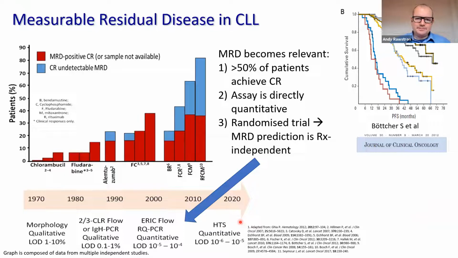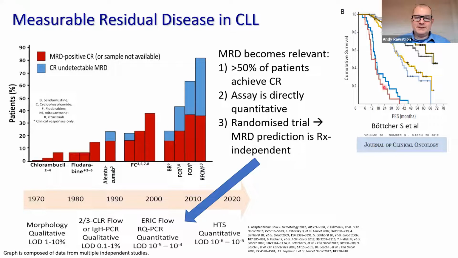For CLL, this was the key trial that showed people that MRD was worth looking at. It was the German CLL study group trial looking at chemo versus chemoimmunotherapy, so FC versus FCR. The patients who achieved less than 0.01% disease with FCR or FC had a very similar outcome.